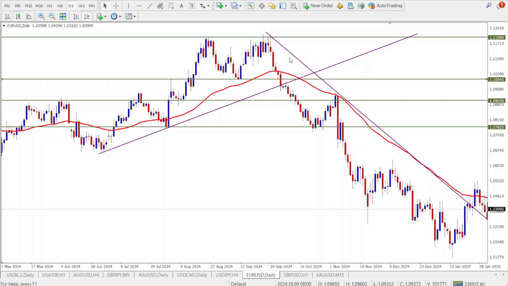Remember we talked about three main candlestick patterns for beginners: pin bar, engulfing candle, and doji. Now there are a lot of other candlestick patterns, but I just decided to focus on these three for beginners.